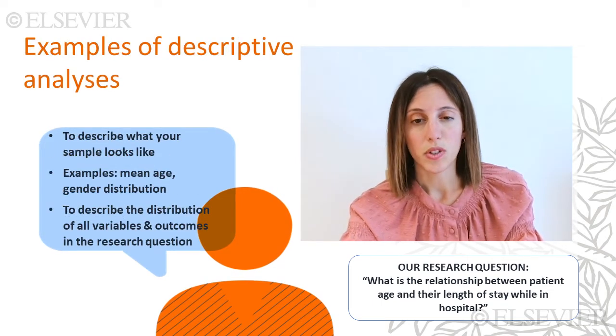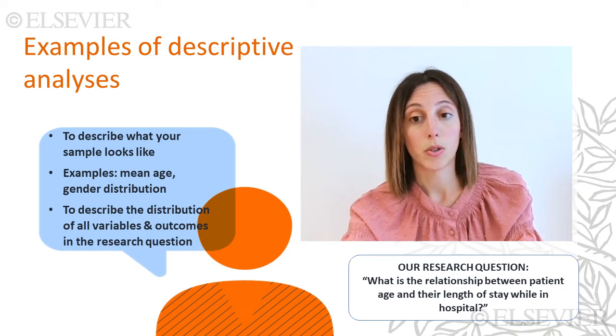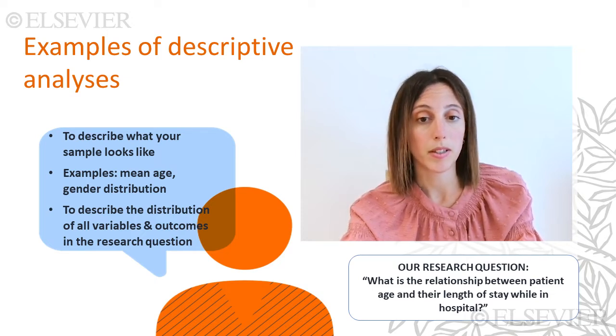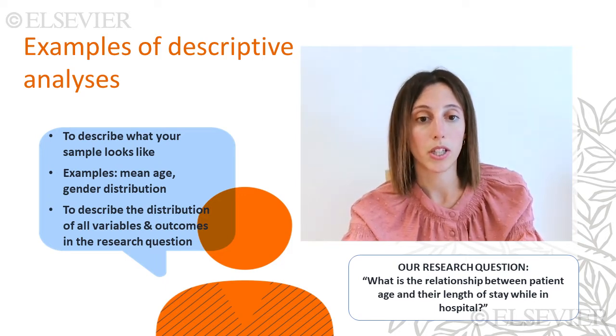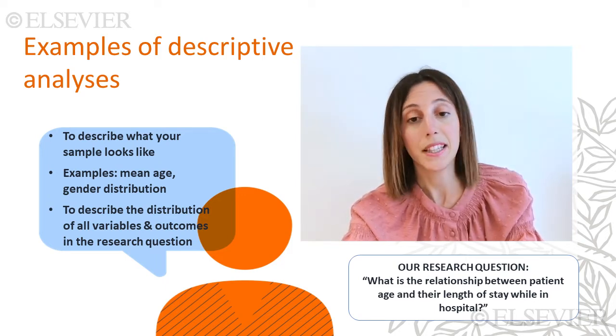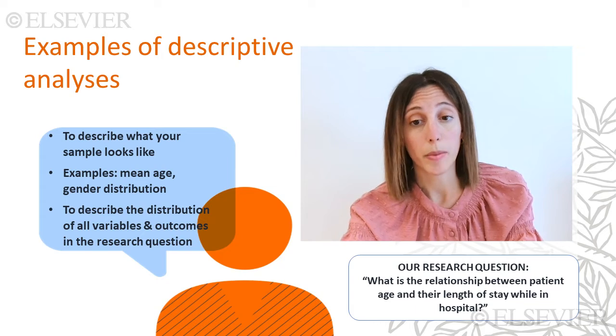Examples of analysis to describe the data are: 85% of the patients were admitted to hospital via the emergency department, and 15% were elective patients who were admitted for planned operations and procedures. In this case, you're using statistics to report how many patients are admitted unplanned versus planned. So you're using stats to describe how your data are distributed.